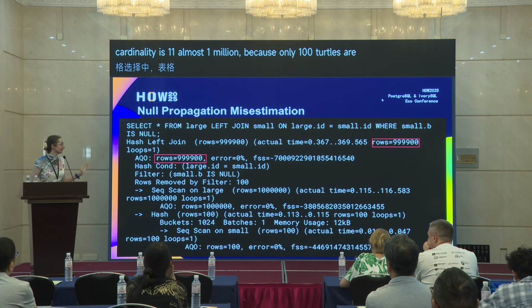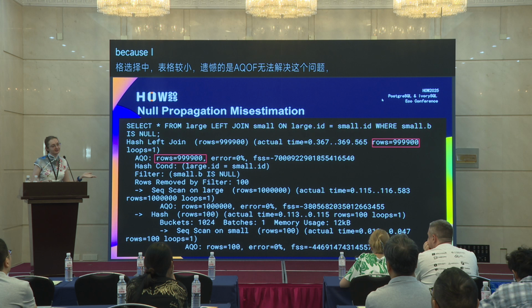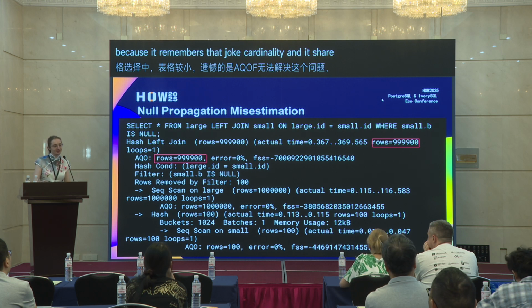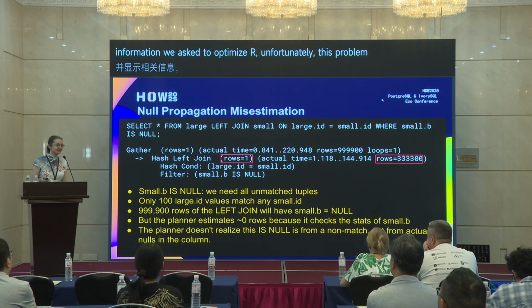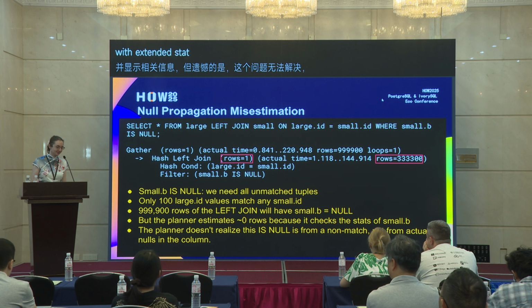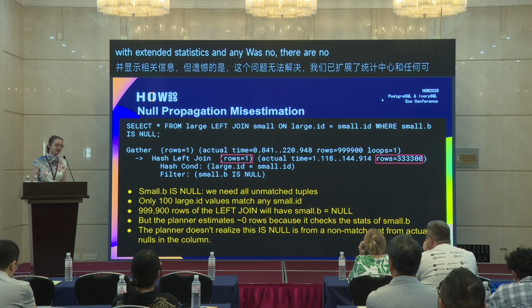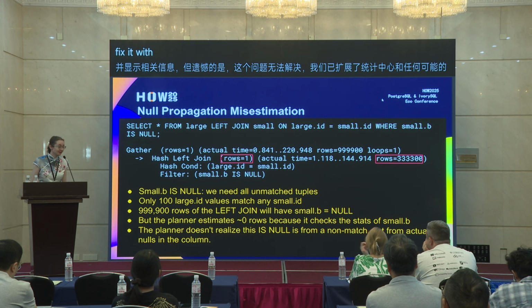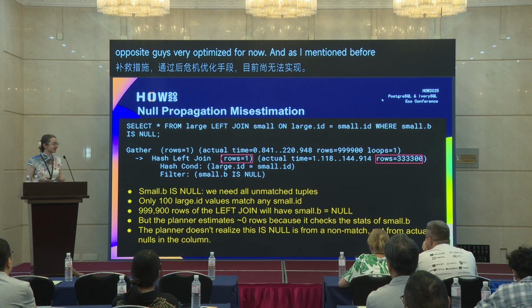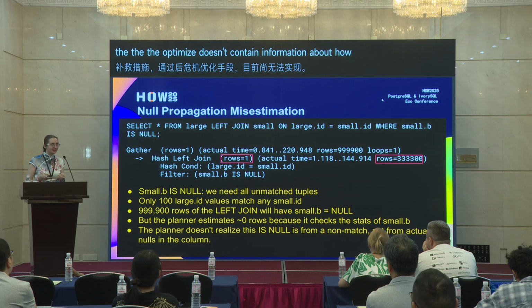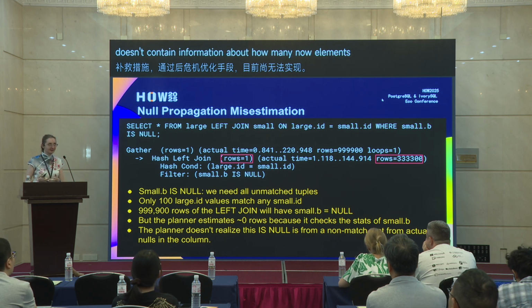AQO can fix this problem because it remembers actual cardinality and shares this information with the optimizer. Unfortunately, this problem can't be solved with extended statistics, and there are no possible tools to fix it in the PostgreSQL optimizer for now. As I mentioned before, the optimizer doesn't contain information about how many null elements an outer join can contain.